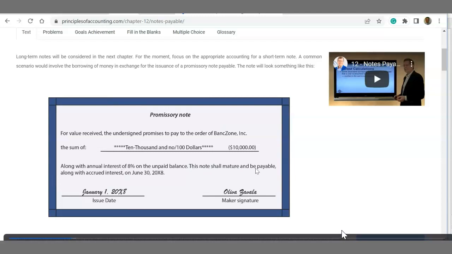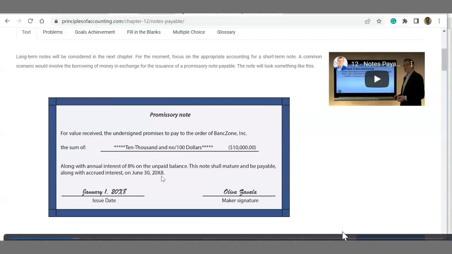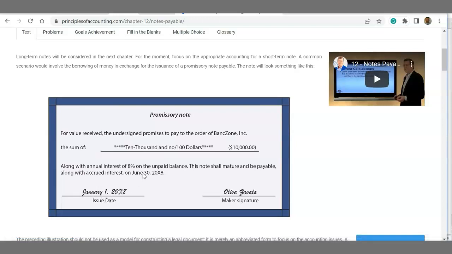This note shall mature and be payable along with accrued interest on June 30th of 2018, let's say. And this is January of 2018 that is the issue date. And it is probably 6 months later, that is the maturity date.